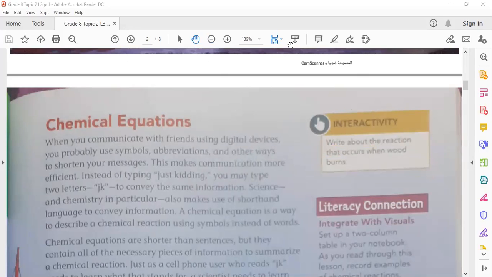You can communicate. JK, just kidding, is what it means. For example, when you are chatting with your friend, you use what? Abbreviations like JK. Instead of writing out "are you sure" every time, I can say, for example, TTYL, talk to you later.